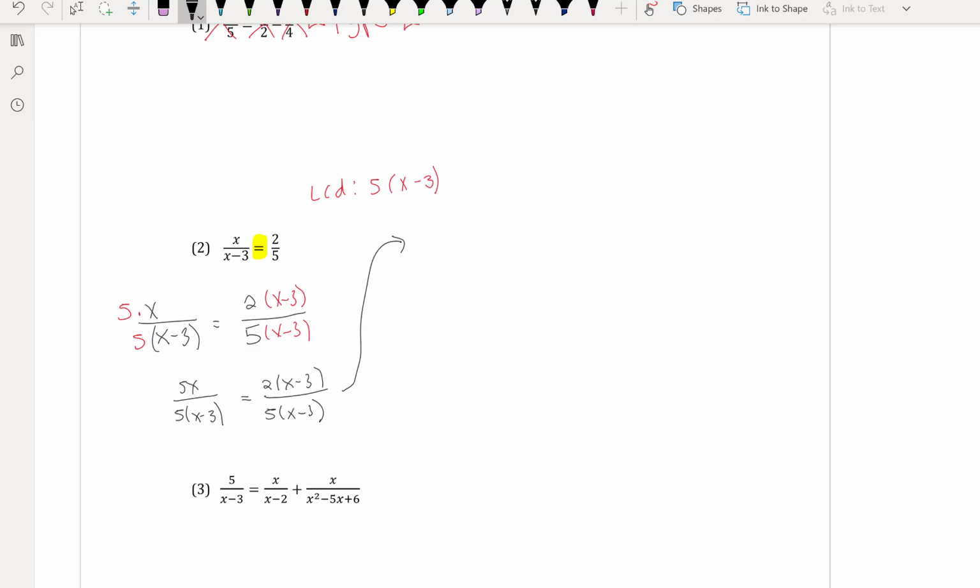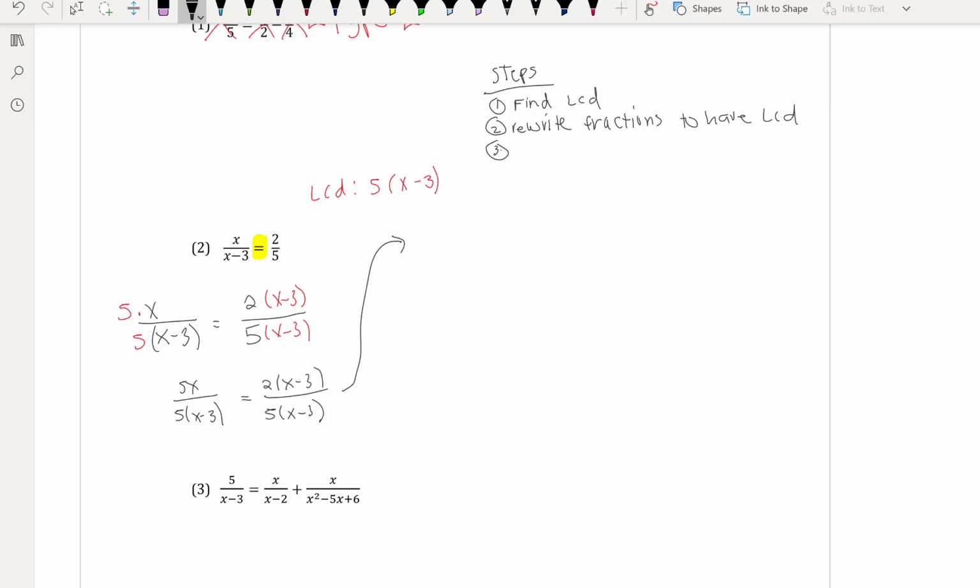And I can go ahead and set this further. So if I'm thinking about my steps, step number 1 was to find the LCD. Step number 2 was to rewrite fractions to have the LCD.